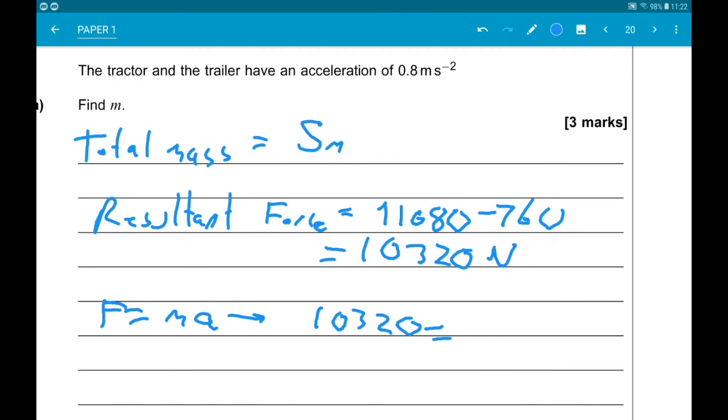Now that, well, let's do it properly. So 5m times 0.8.